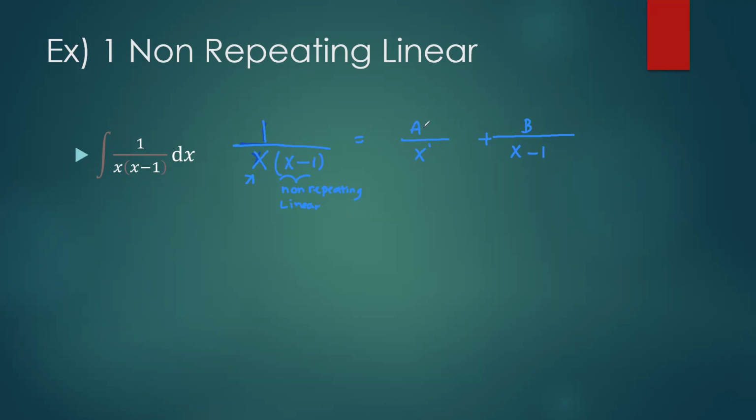So this is a 1. This actually has an invisible 0x, so you don't need a plus B, a constant, right? Because A is a constant already. The same thing with this. The highest power on the bottom is 1, so this has to be a constant because the numerator has an invisible 0.